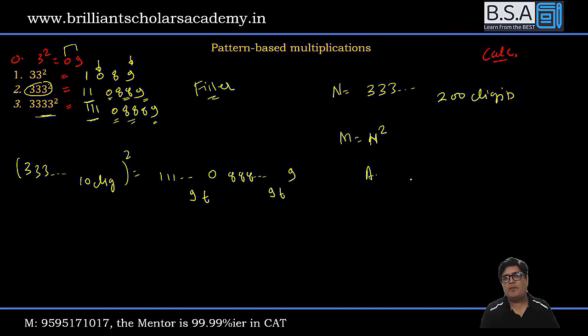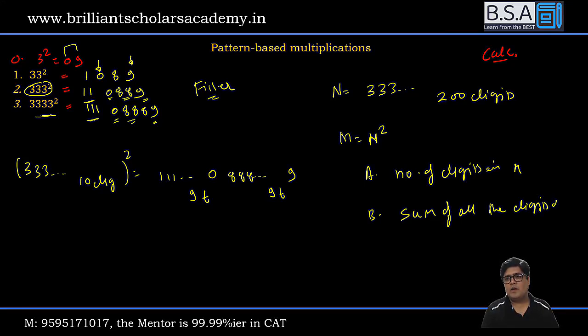One question could be the number of digits in n, the number of digits in m. Another question could be the sum of all the digits of m. This is the kind of question you will come across in mock exams or other exams. It's slightly below CAT level.